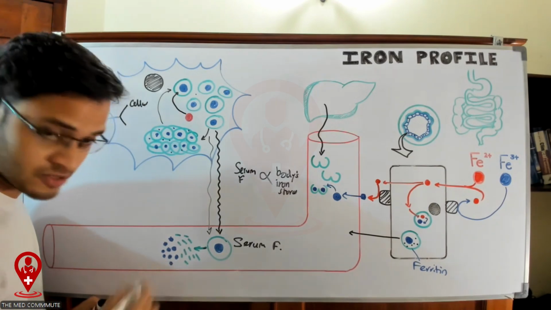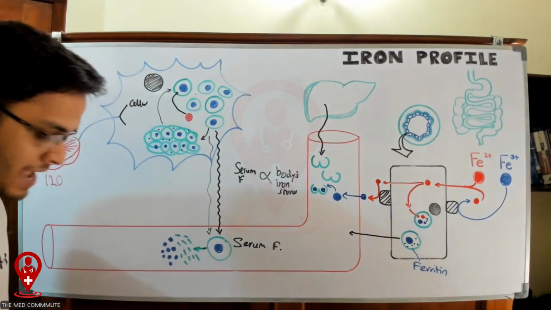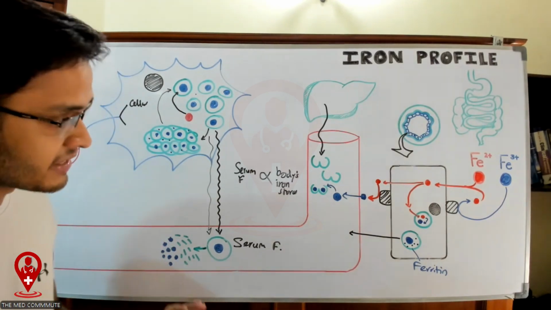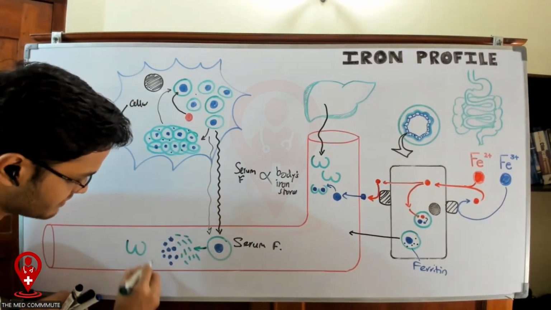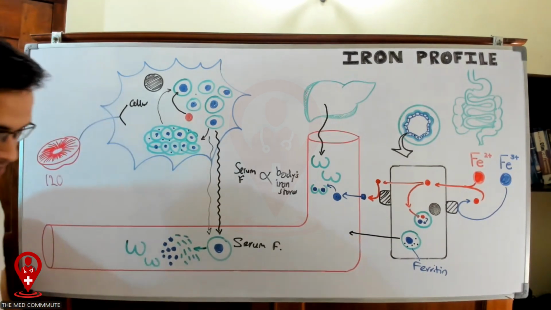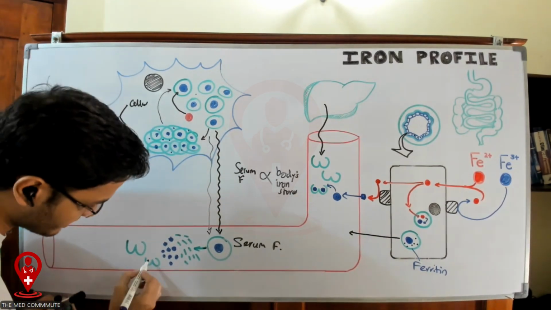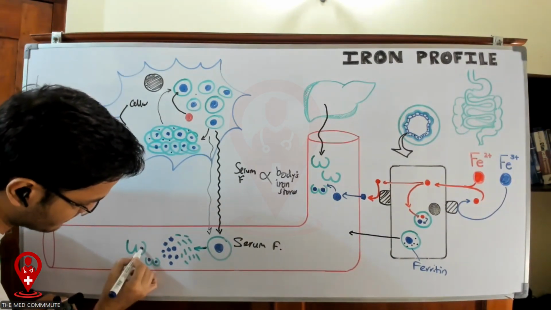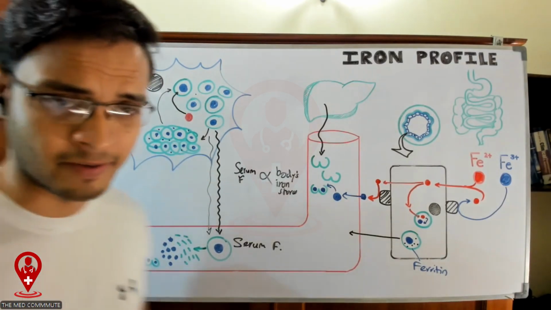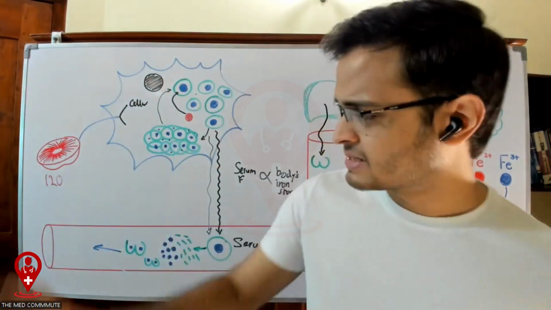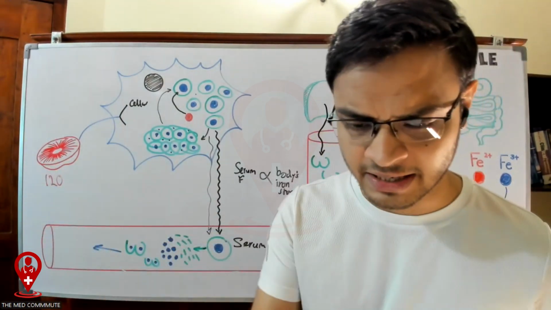So these ferric ions will be released in the blood, and immediately, who will take up the ferric ions? Our transferrin. These guys will take the ferric ions, 2 ferric ions per transferrin molecule, and they will be transported to the required destination. So this is the basic concept I want you all to understand, guys.